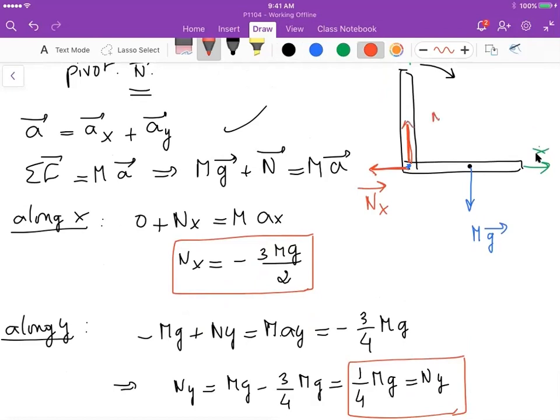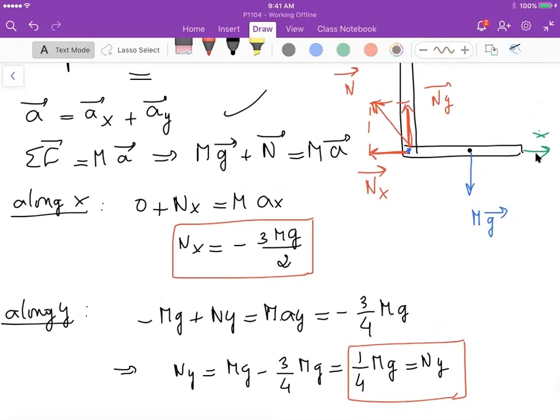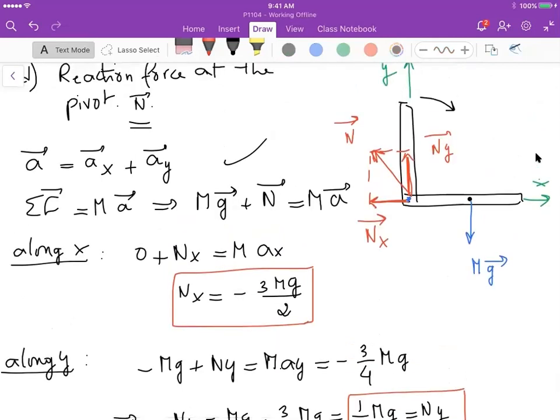So this is ny, and that means that in this position, when the rod is in its horizontal position, the normal force vector n is given by this vector. So this is the n vector, right? This is the normal force as it is drawn in this figure.